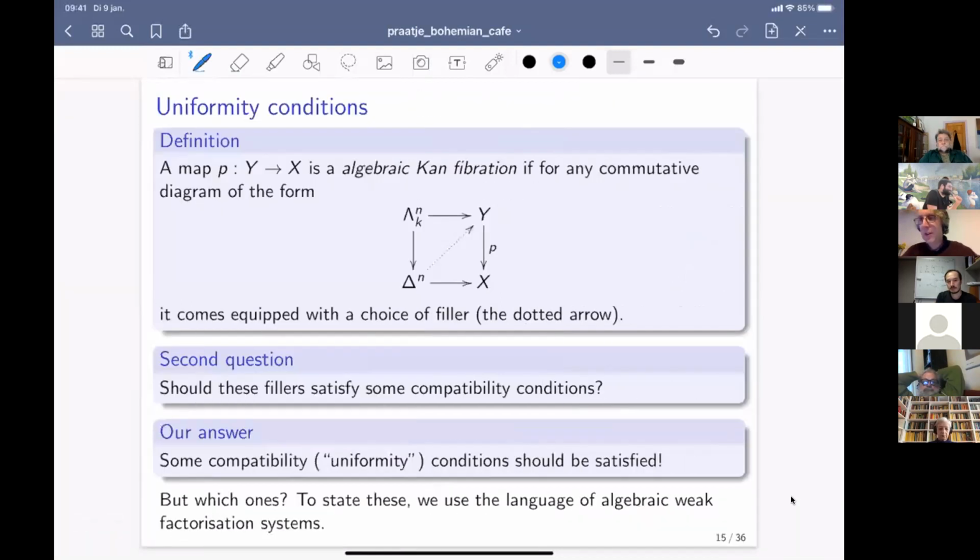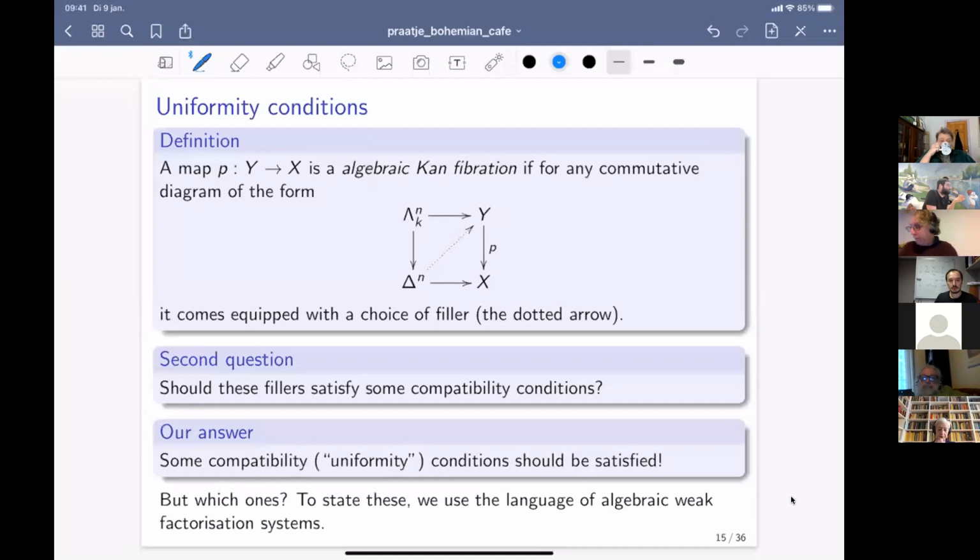What we are doing is in the same vein. We can't just choose our solutions in a completely unrelated way. There are certain compatibility or uniformity conditions that should be satisfied. But then the question is, which ones? Identifying the correct compatibility conditions is really where we suggest a certain solution of what that should be.